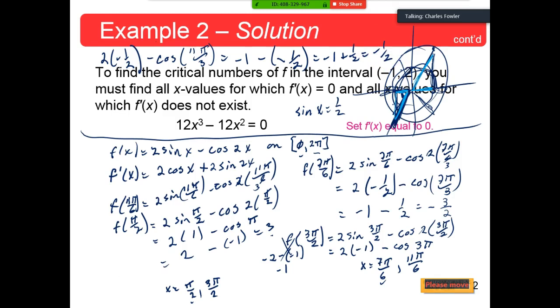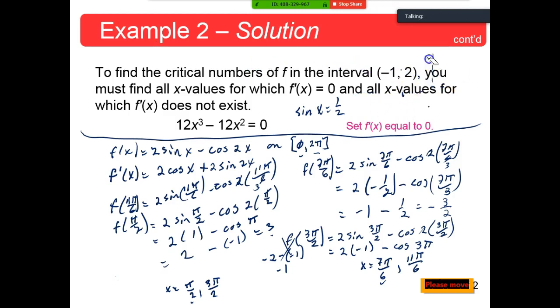The relative max still looks like a 3, and the relative minimum now looks like a -3/2. So I think this one's out of the picture. So let me do some more erasing here. I'll erase this one because that came out -1/2. We can look at the book and see a picture of all this later. And I think I beat this drawing to death, so I'll get rid of it too. Okay.